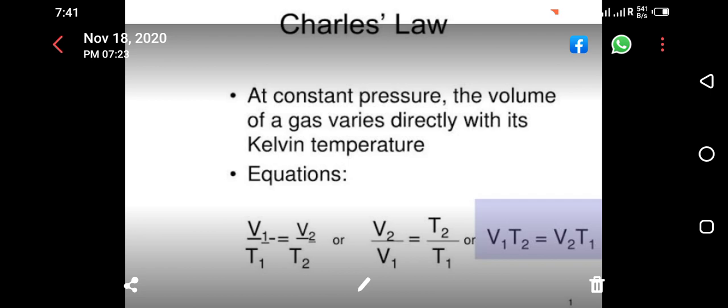Because when we cross multiply, we get V1 T2 equals V2 T1. If T2 is unknown, then the equation becomes V2 T1 upon V1.